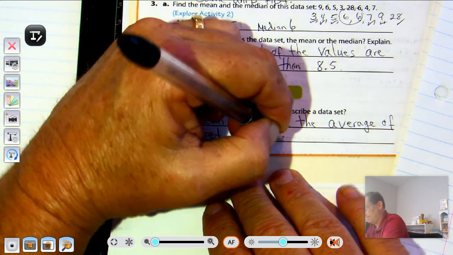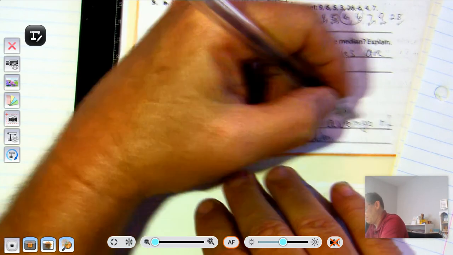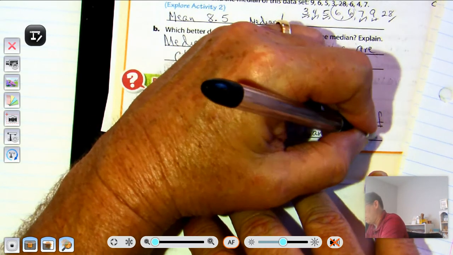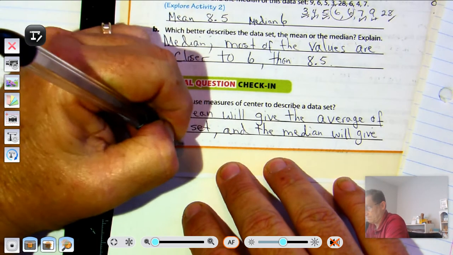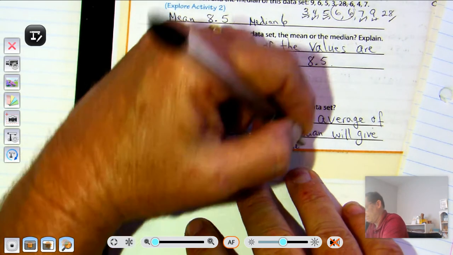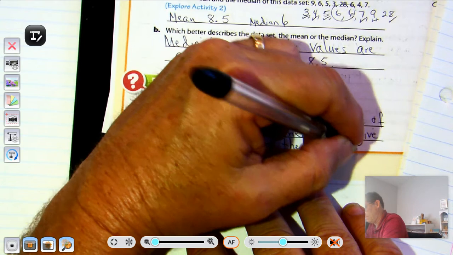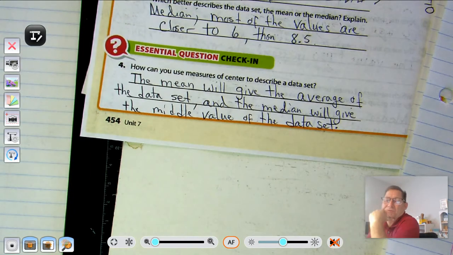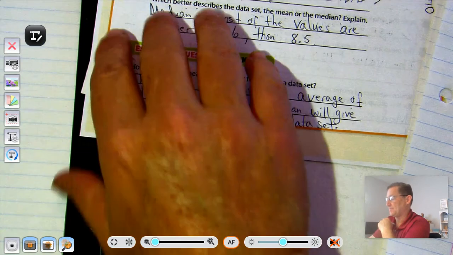And the median, so basically measures of central tendency or measures of center, sorry, is kind of a way of summarizing the data set. And the two that we've learned so far is the average of the data set and the value of the middle of the data set.